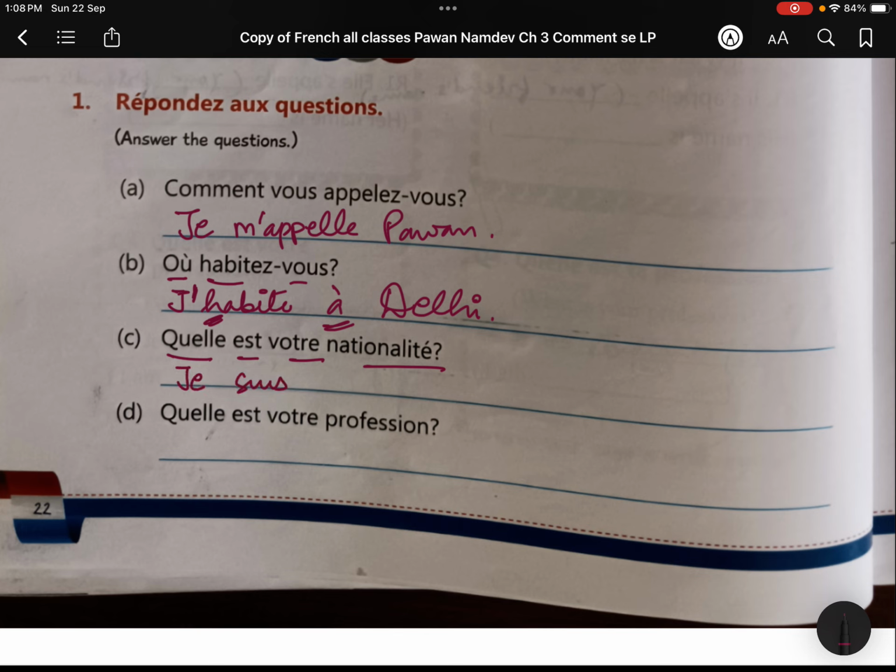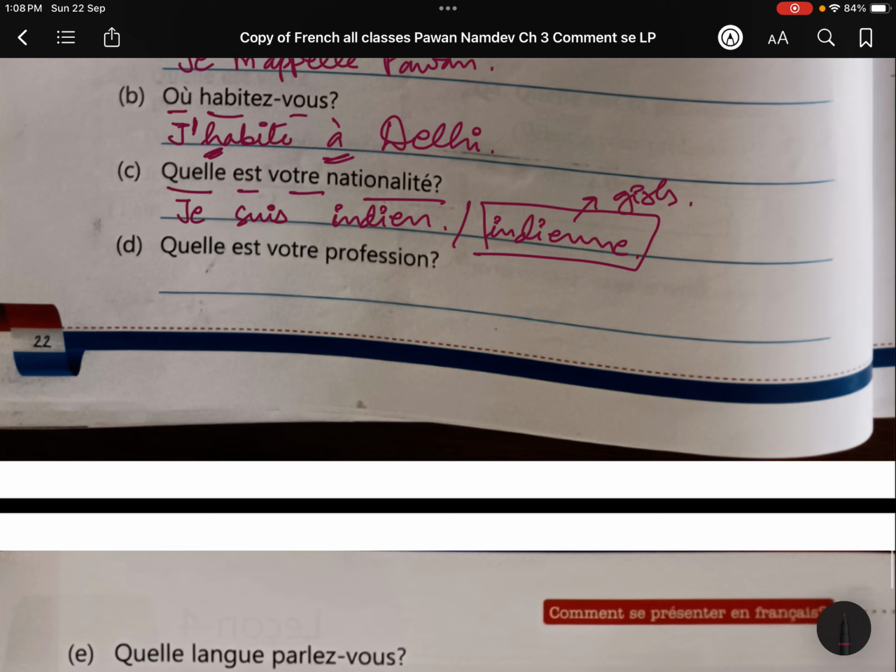Suis means am. Je suis indien. I am Indian. If you are a girl, you have to write this spelling. This spelling is for girls. All right. Quelle est votre profession? For girls, you have to put an extra e. Okay.